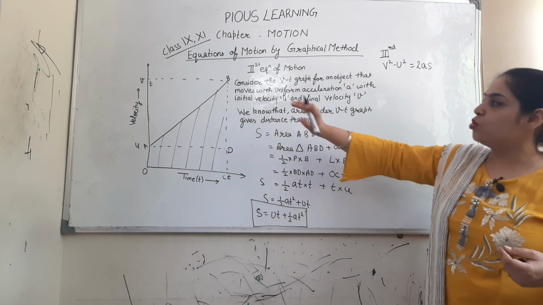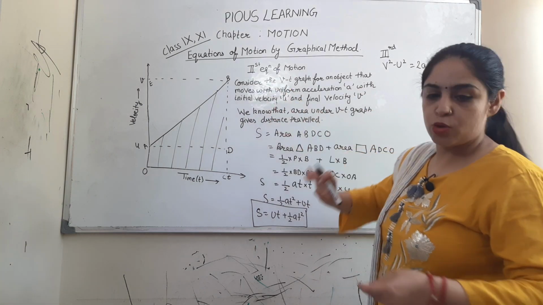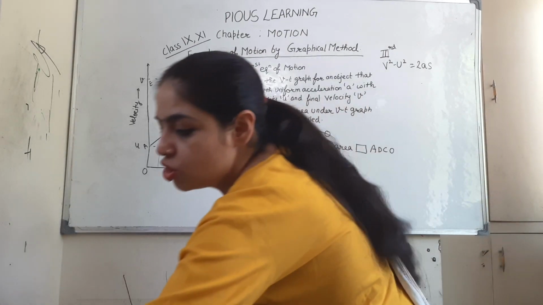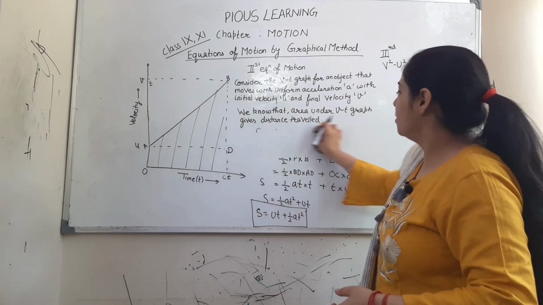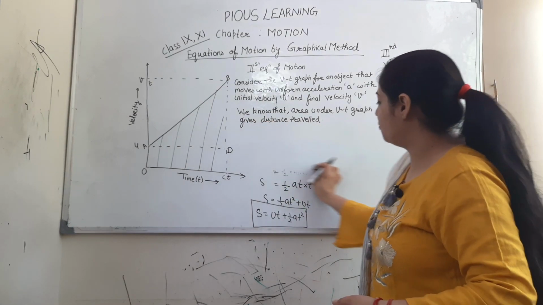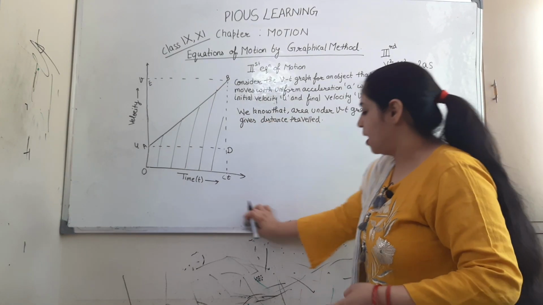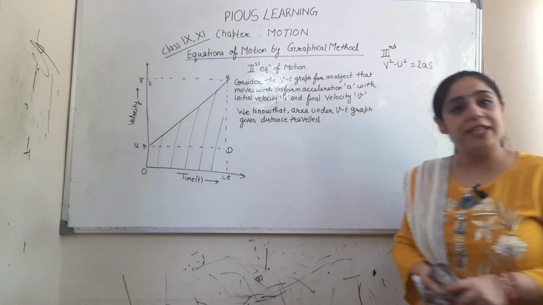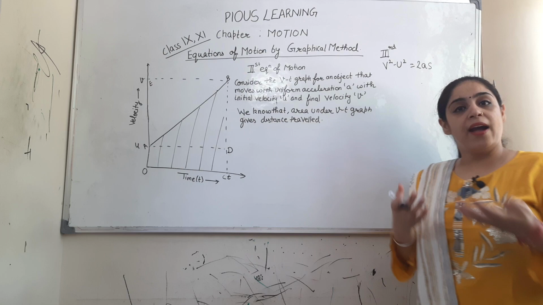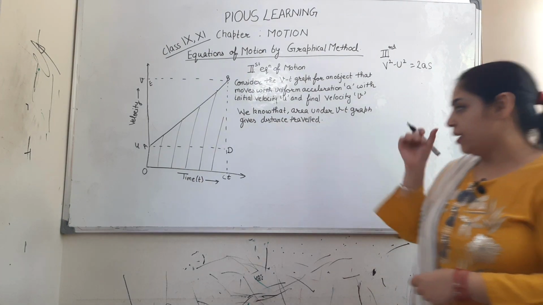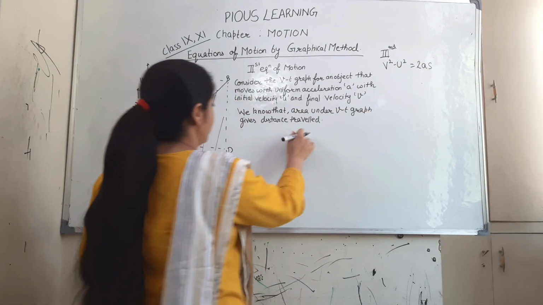Same रहेगा सब कुछ, वही ग्राफ बनाना है, वही सब कुछ लिखना है. Now we'll change the derivation. Once again, the distance traveled will be given by area under the VT graph. पर इस बार हम area of a trapezium लिखेंगे. पहले हमने area of ट्रायंगल प्लस रेक्टेंगल लिखा था. ठीक है, सो once again same रहेगा सब कुछ.